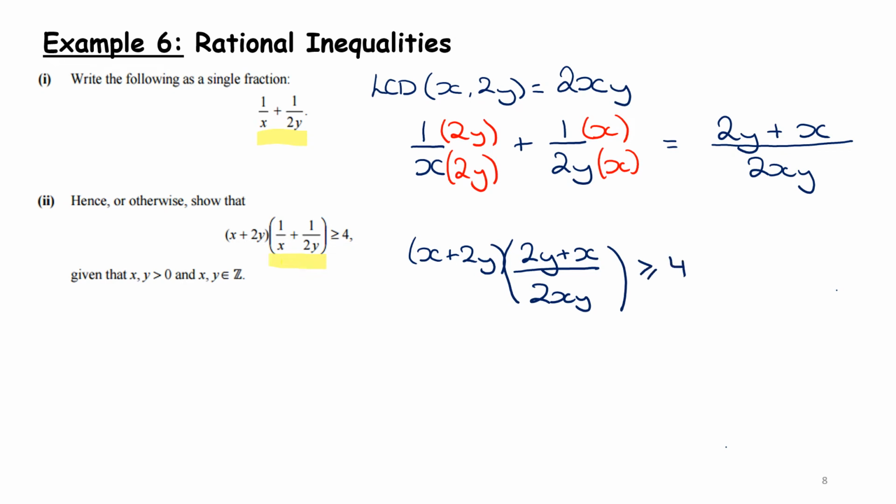Now, what's interesting about this question is they've told us here that x and y are greater than 0. That's really, really important. Effectively, what we have here is a rational inequality. So the rational inequalities we always have to be very careful with. Usually inequalities act like equations, so we can add numbers to both sides, subtract numbers, multiply, divide.